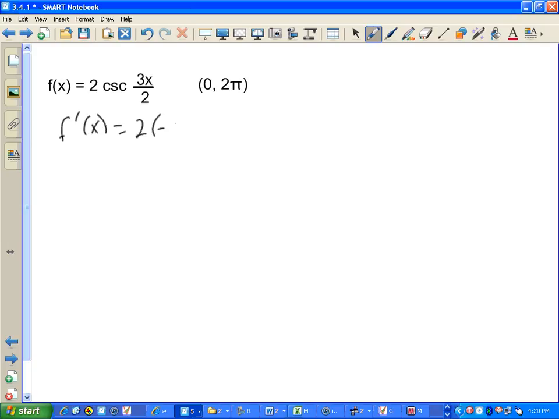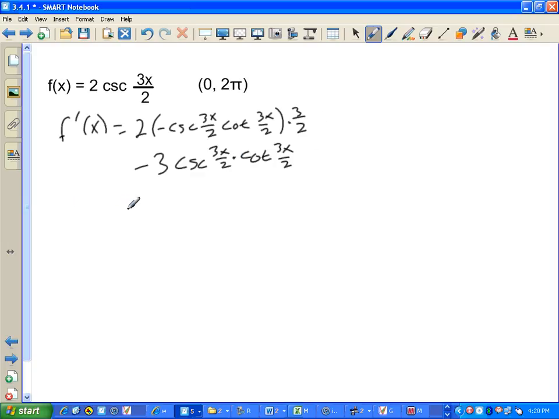Derivative of cosecant is negative cosecant of the same thing times cotangent of the same thing times the derivative of the inside part, which is 3/2. Combine these, I'm going to get negative 3, so the negative from here with these is negative 3, cosecant of this times cotangent of this. And that's the first derivative.